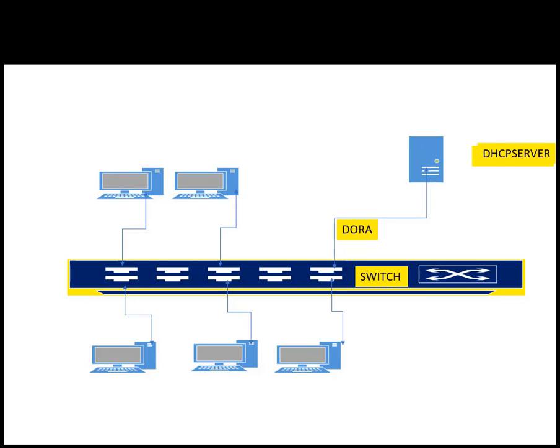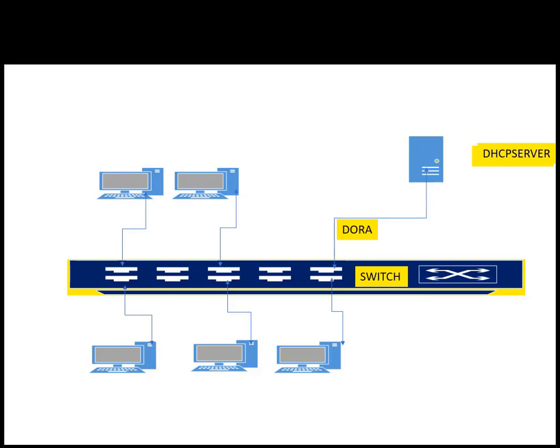By the way, it is not only the IP address at that moment. The DHCP server will also provide DNS, default gateway, and all that stuff, so that these computers can communicate with other computers or other devices, and they can access the internet or outside of this local area network, right?